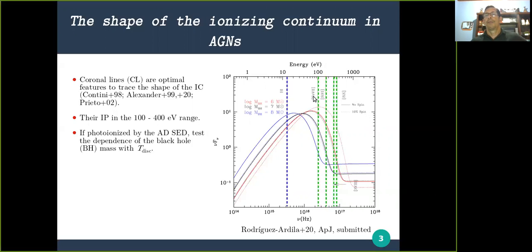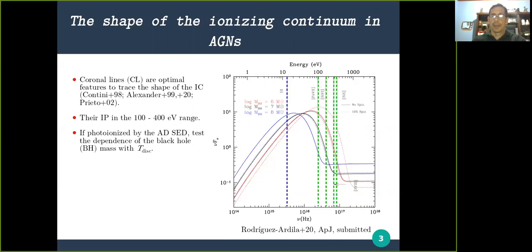We can see that for these four lines employed, iron 7, silicon 6, sulfur 8, and silicon 10, the ionization potential of these lines falls very close to the maximum of the distribution when the black hole is of the order of 10^6 or 10^7 solar masses.